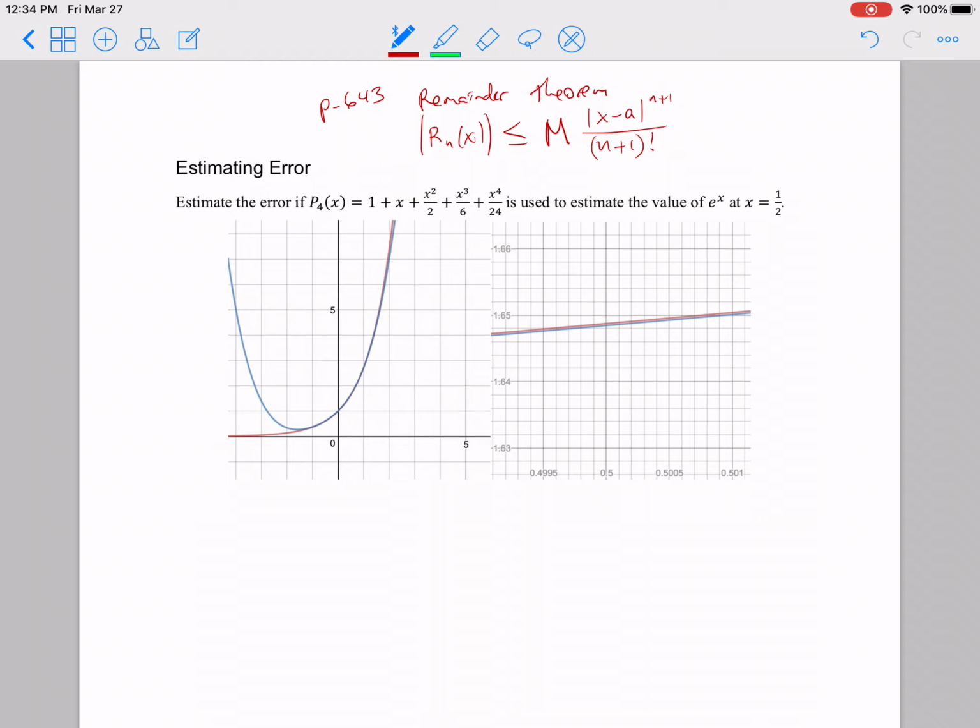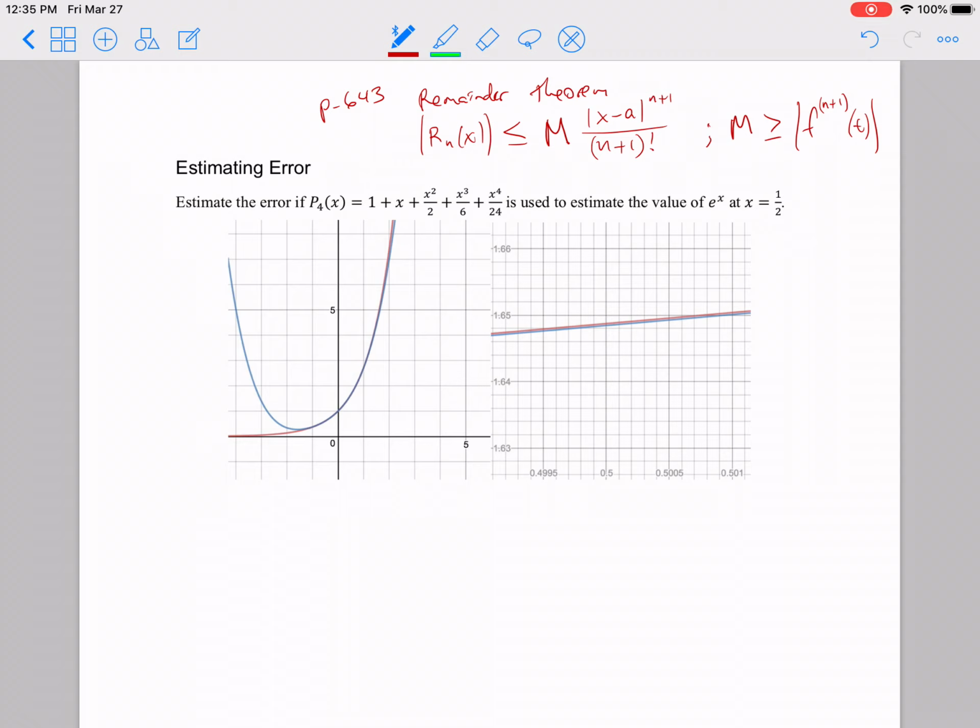Since this tells us our error is going to be less than that, you can pick any number you want that stays larger than your actual function derivative values. So m is greater than or equal to the absolute value of your n plus 1th derivative at some value t, that value t that's between x and a.